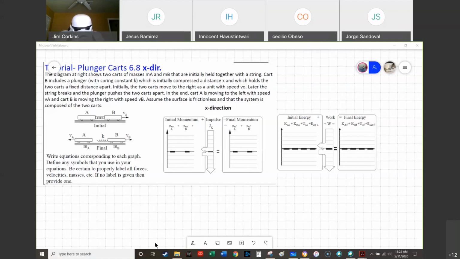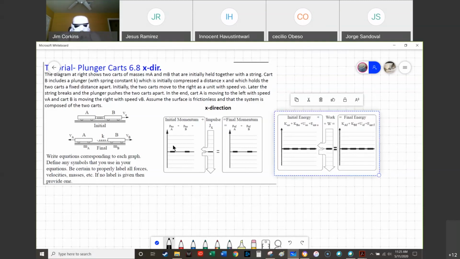All right. So we have to do the momentum. In the beginning, neither cart was moving. Therefore, they will have no momentum one way or the other.